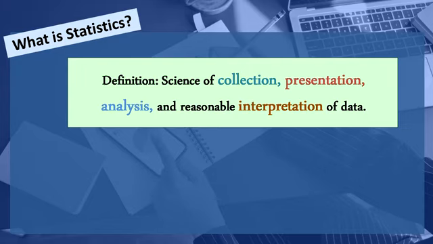For all these purposes, statistics is used heavily. How can we collect the data? Through sampling; scientifically we have to do the sampling. And once the data has come, you have to make a proper presentation, do the proper analysis, and do interpretations. For all these purposes, statistics is a very crucial part.